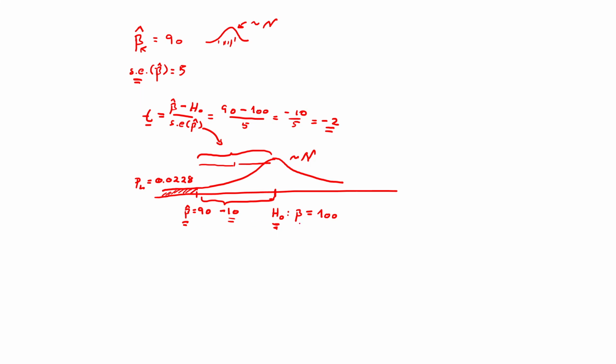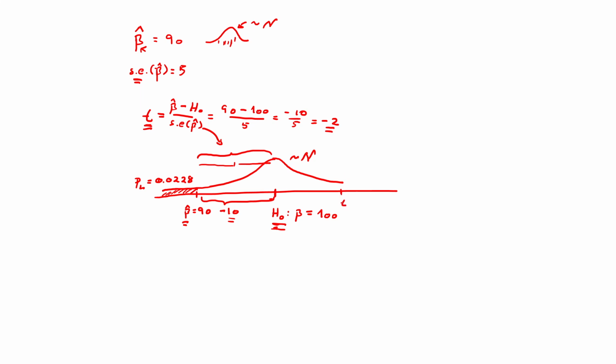In our case, we have a two-sided test because this null hypothesis is just a point. So if we are interested in answering the question, what is the probability of getting something more extreme to both sides than this t-value of -2, we also have to go here to +2.